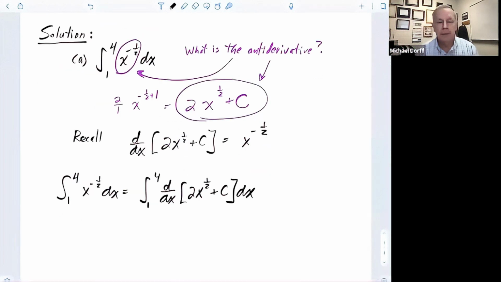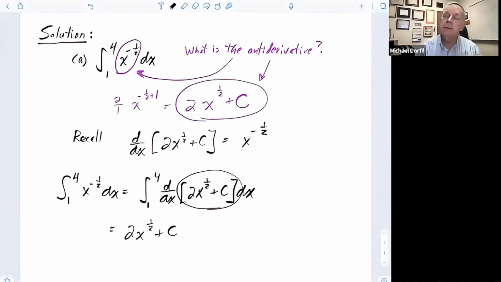Now that may look like I've made the problem more complicated, but here's where the fundamental theorem of calculus comes in. Notice that I have the integral of a derivative. What does the fundamental theorem of calculus tell us? If I have the integral of a derivative, they undo each other, and I get the function that I started with. So this is going to equal the inside function, 2x to the 1/2 plus c.